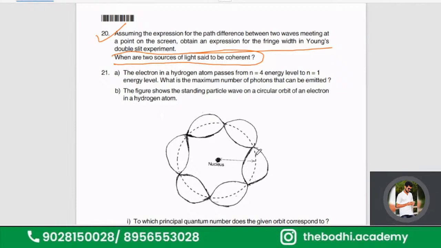Two sources of light are said to be coherent when their phase difference is the same throughout, right? Two things. One is what? Phase difference is the same, or you can say constant, and the same frequency.